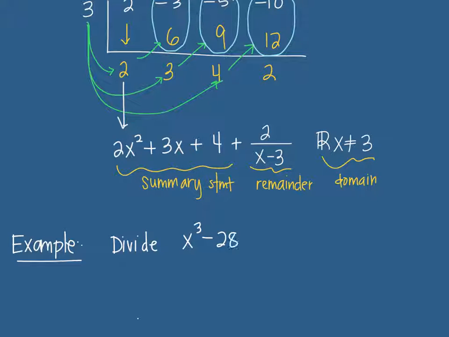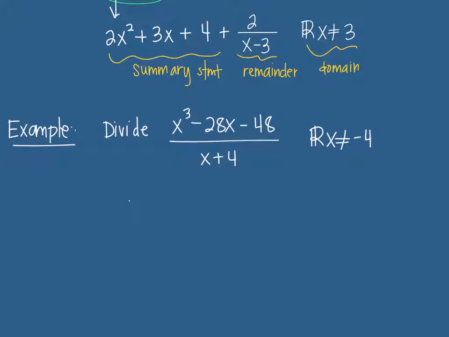X cubed minus 28x minus 48 all over x plus 4. So division could look like that, which would mean all real numbers, x can't be equal to what number? Negative 4. Which means, if I'm going to do the division, the negative 4 is the number that I start with.